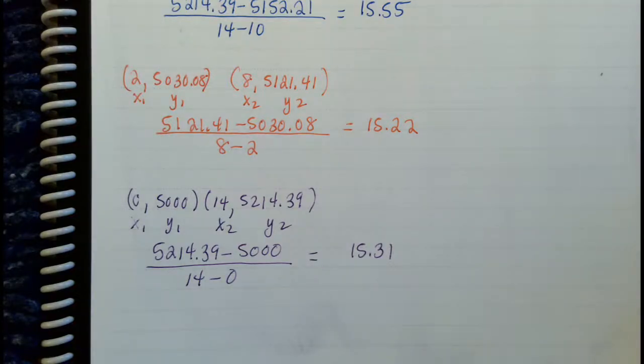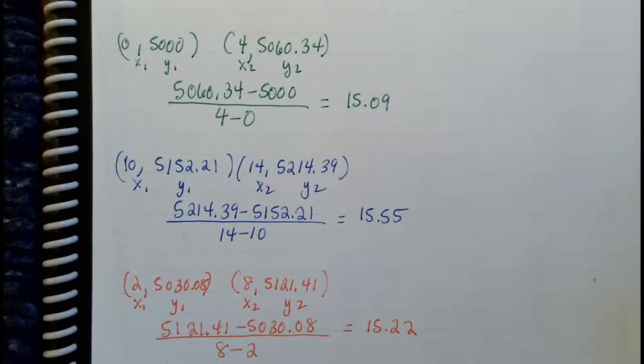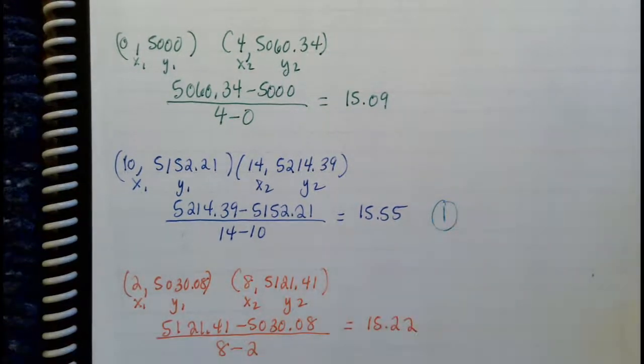So let's go back to Edmentum now. And actually, before I do, why don't we label them in order from greatest to least? So 15.55 is going to be the first one.